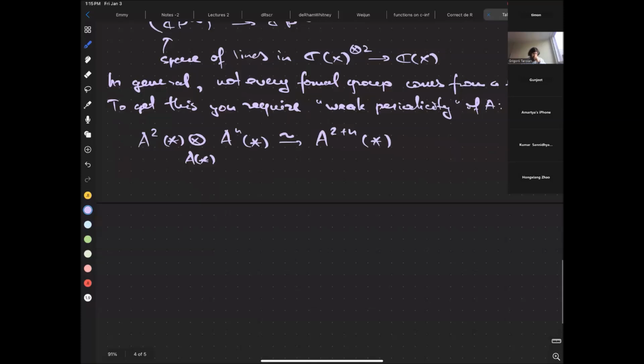And then, of course, strong periodicity is the statement that A2 of the point should be a free module. But this is not necessary to get this thing in general.